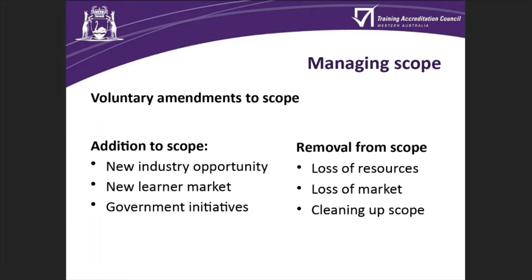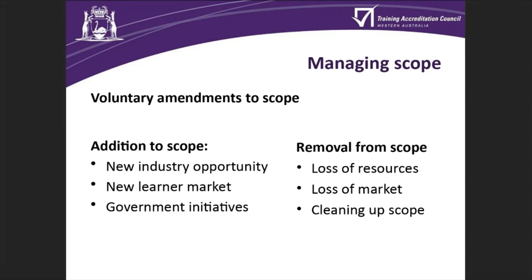Or you might find that there's been a loss of resources, that you lose a significant trainer, there's been a shift in the market, there's been a fall away of students, or simply that there is, if you like, residual scope where you haven't been dealing with many students at all and you want to trim your RTO back, so cleaning up your scope. So under voluntary amendments to scope, we have removal from scope and we have addition to scope.